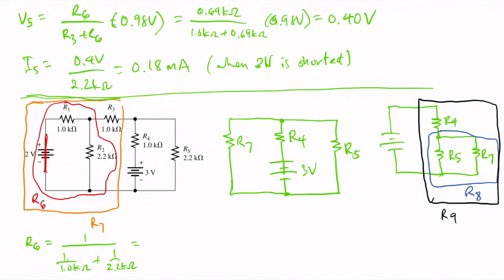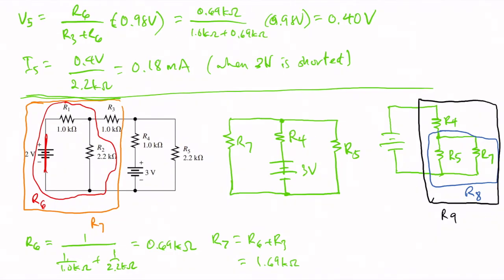And that will give us 0.69 kilo ohms. Next we solve for R7. R7 is equal to R6 plus R3 because they are in series. Since R3 is 1 kilo ohm, this will be 1.69 kilo ohms.